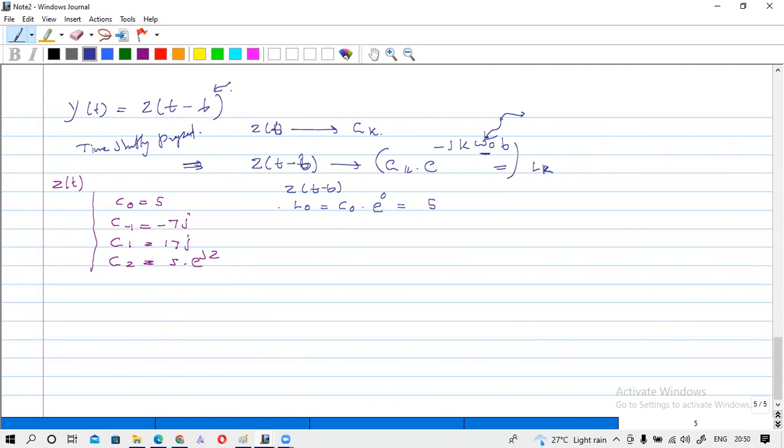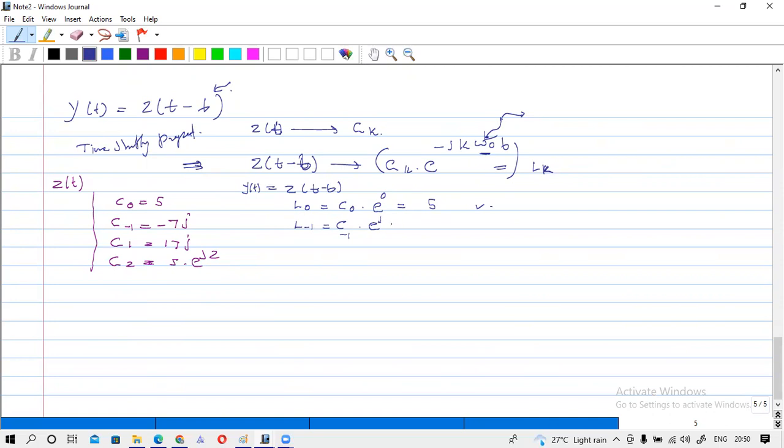This will be the y(t) signal, so the coefficients of y(t) are Lk. L0 is 5; we have found this one. And L minus 1 is equal to C minus 1 times e to the power of j omega naught 6, with k equal to minus 1, so minus times minus gives plus j.